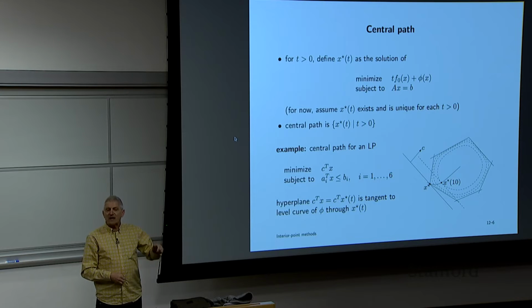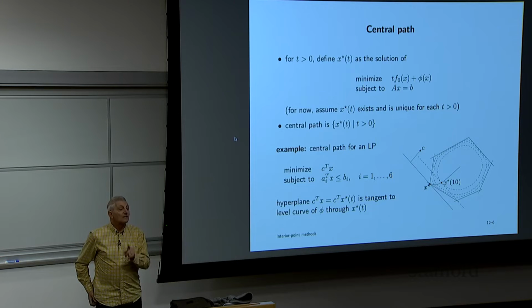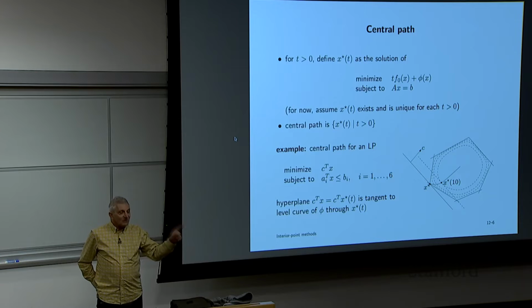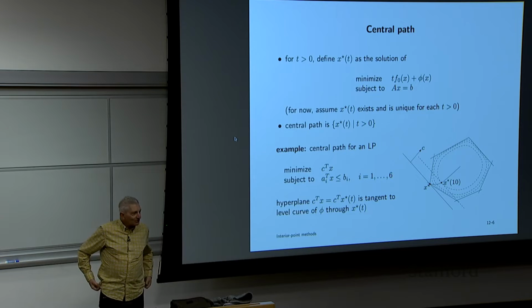And when you turn that knob, the traditional range is 0 to 1. When t equals 1, you get the problem you really want to solve. That's the one you really want to solve. When t equals 0, you get a problem that you know the solution to, right? Everybody following this?